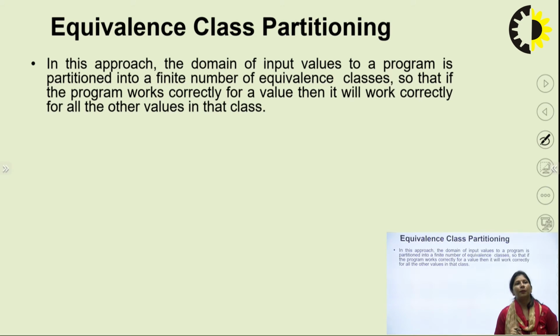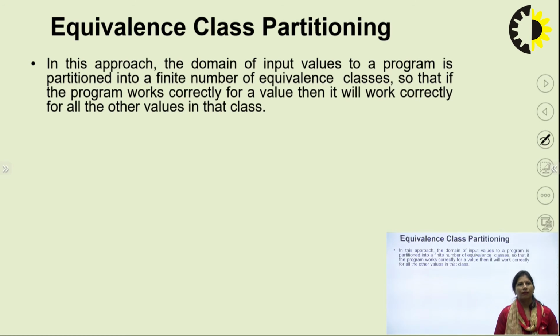So that if the program works correctly for a value, then it will also work correctly for all other values in that class. Say I am delivering a class, and one student says yes, they understand; I will assume it will also be understood by all other students.